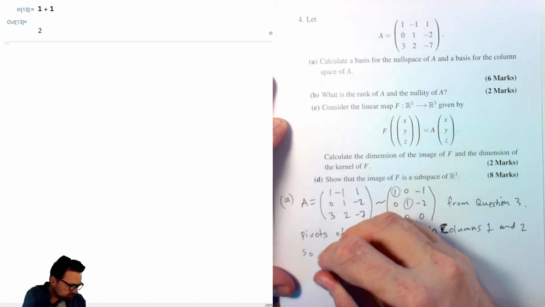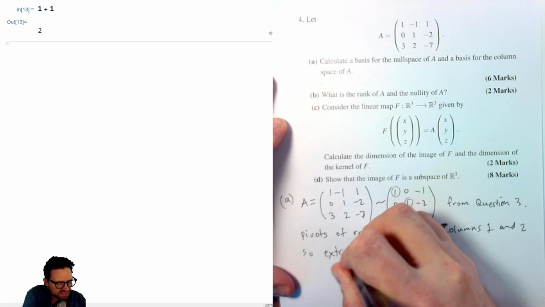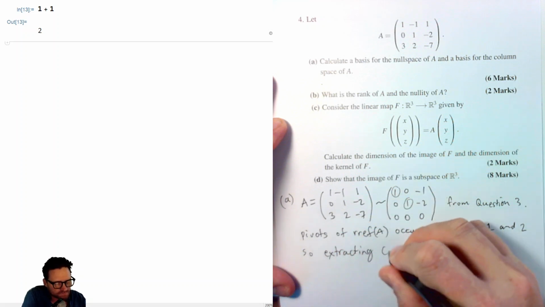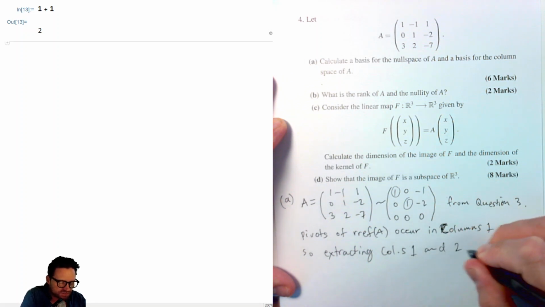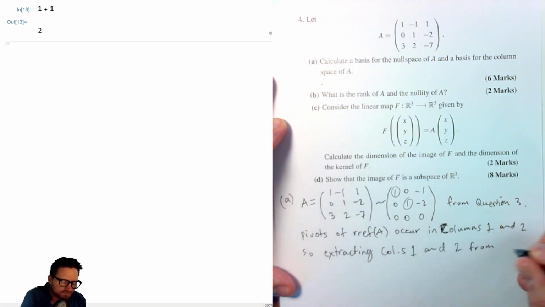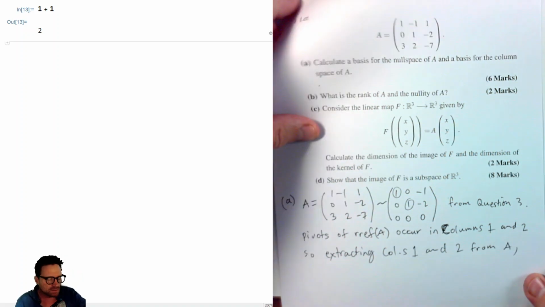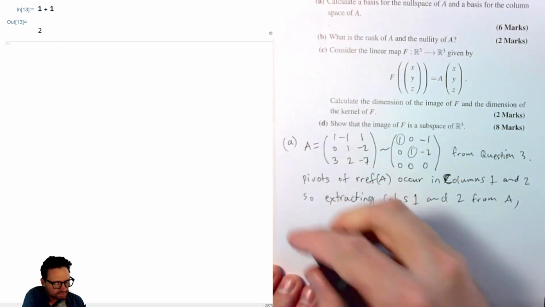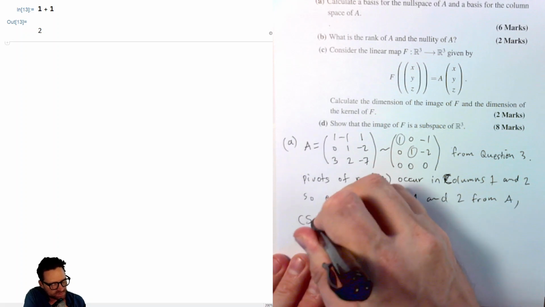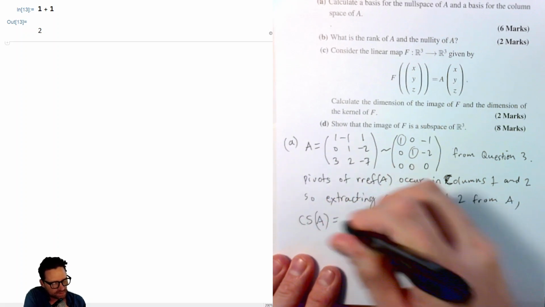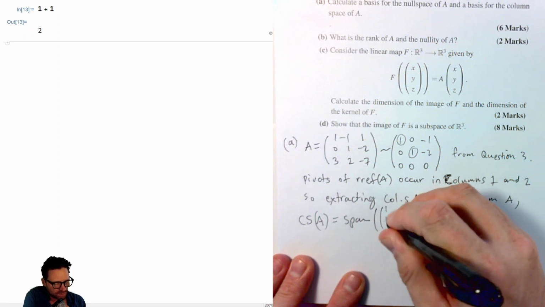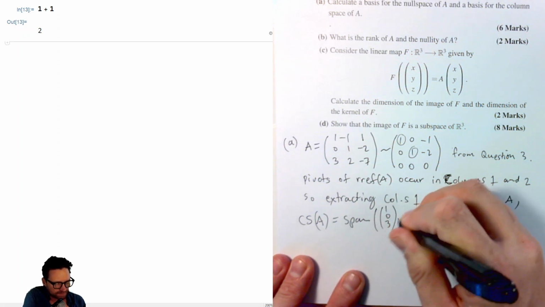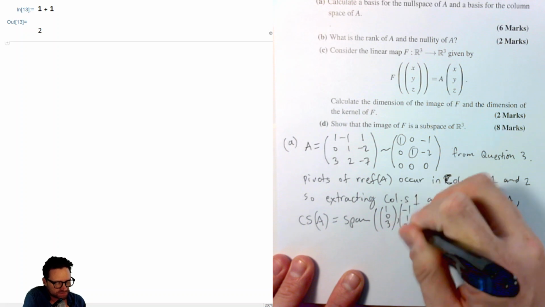So, extracting columns 1 and 2 from A, we see that the column space of A is equal to the span of (1, 0, 3) and (minus 1, 1, 2).